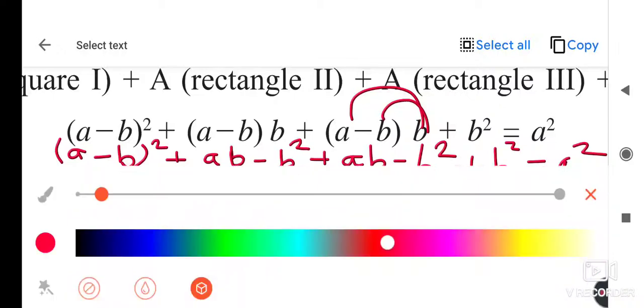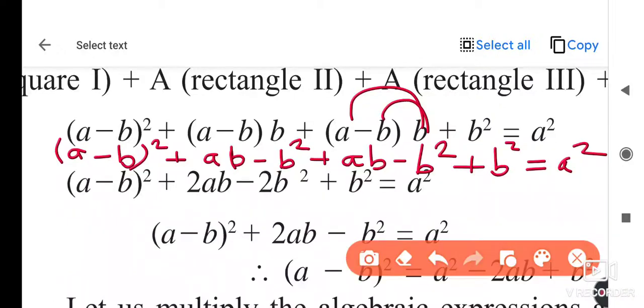The next step: this (a minus b) square is written here as it is. Now ab plus ab is equal to 2ab.